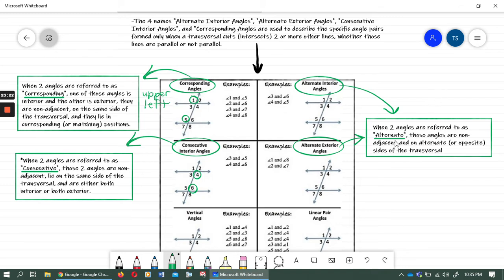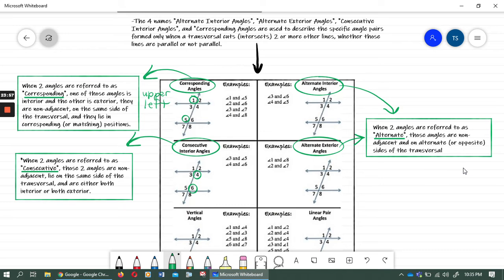All right. The last little descriptor word that we need to make sure we know what it means is the word alternate. There are two types of angle pairs that have that word in it, and when two angles are referred to as alternate, those angles are non-adjacent, and they have to be on alternate or opposite sides of the transversal.